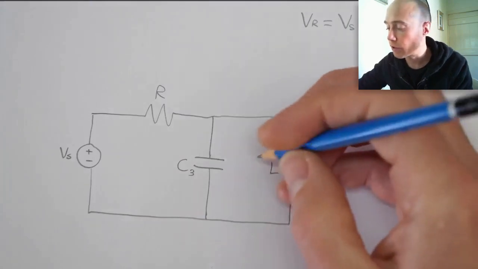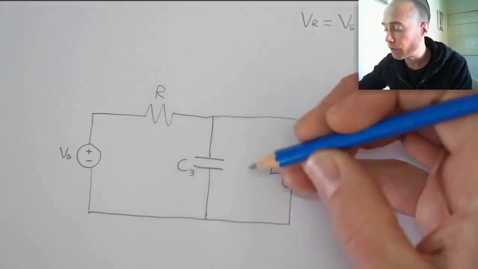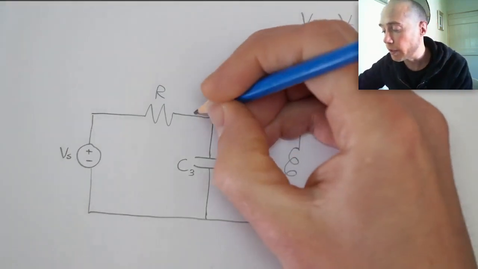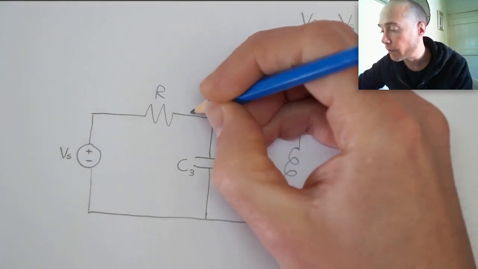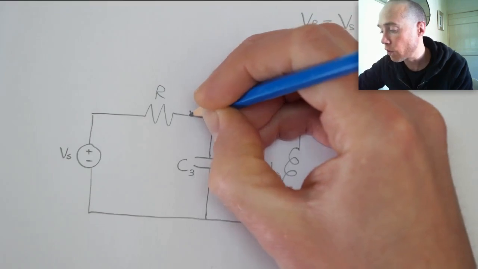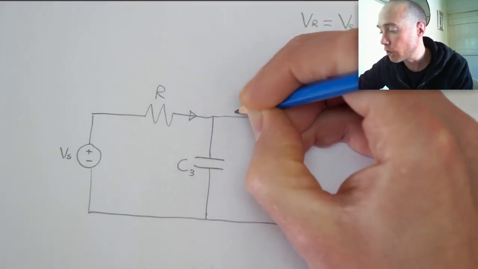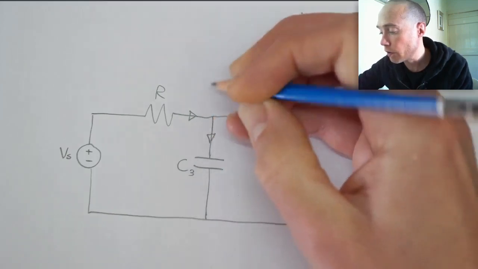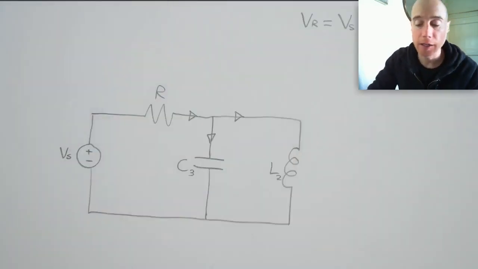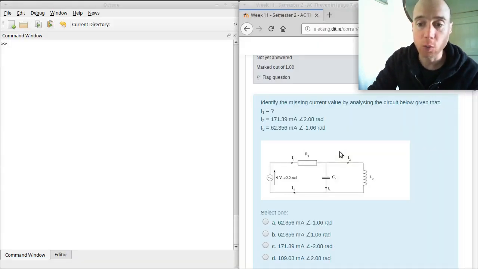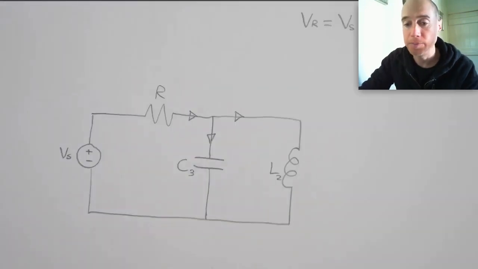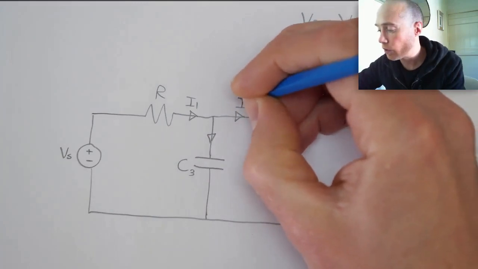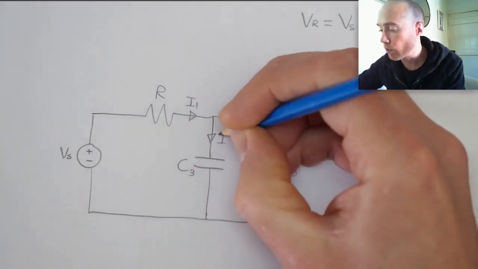In the question, these are specified as C3, L2. But the most important thing here, the thing that's significant for answering this, is that 3 currents are shown, 1 entering this node and 2 leaving the node. So these are shown as I1, I2 and I3. So this one is I1, this one is I2, and this one is I3.